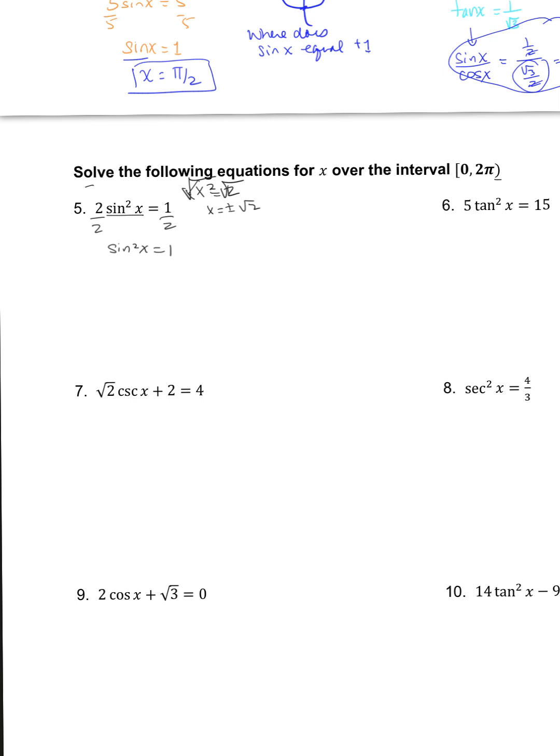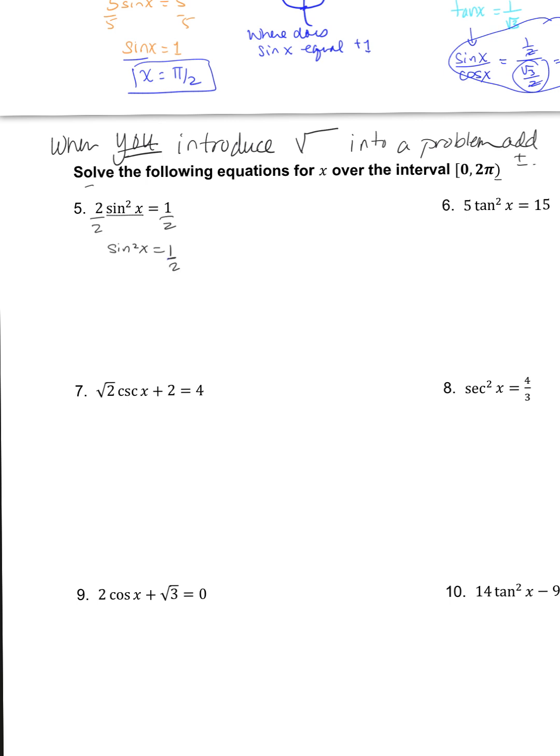So what I want you to think about is, I'll write a little note up here. When you introduce the square root into a problem, add plus or minus.